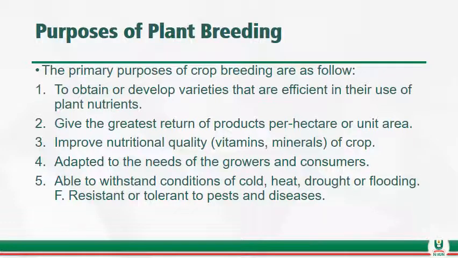It also gives greater returns of products per hectare. When this breeding is done, the yield per hectare is usually higher, in folds. So it brings greater returns. When the farmer goes to the farm, he gets his money, the farmer is happy, the consumer is happy. So that is one purpose of plant breeding.